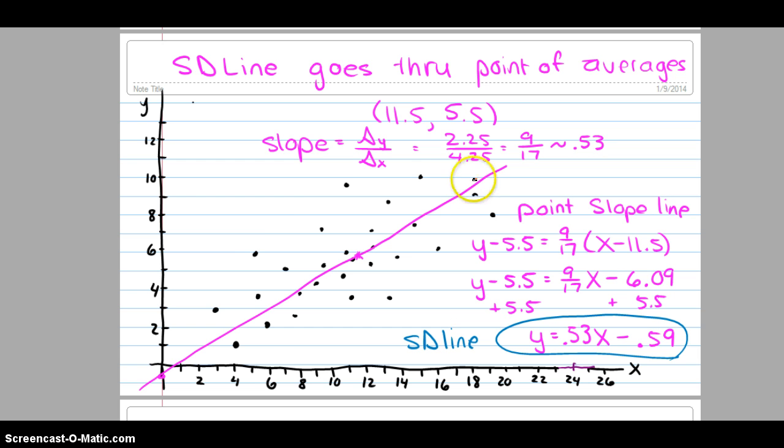Now, if I use that line to predict y for, say, an x value of 17.5, well, according to this scatter plot, I would expect my y value to lie somewhere in the oval along the slice that lines up with 17.5.